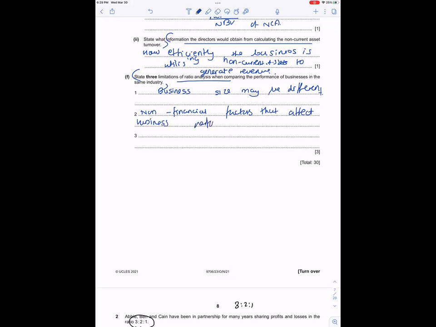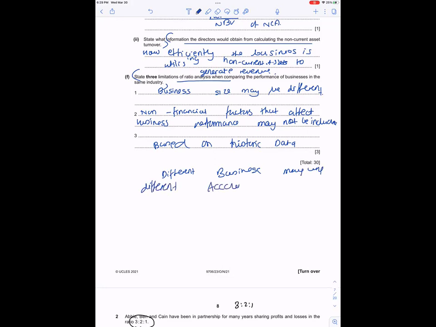What else? Ratios are based on historic data. What else? Different businesses may use different accounting policies. Okay.